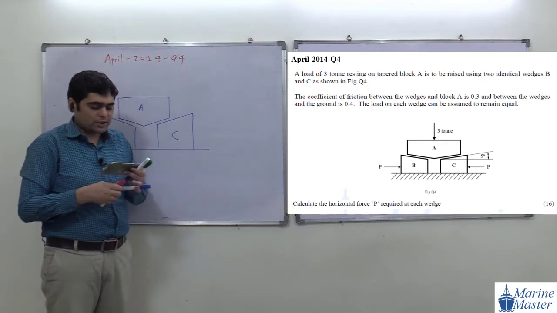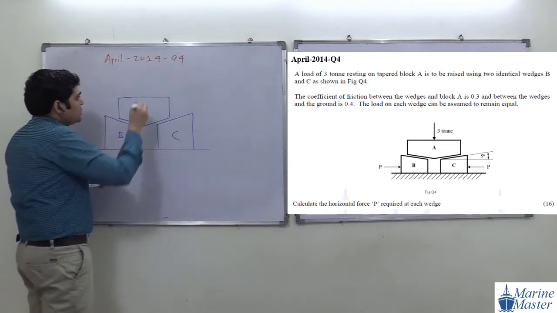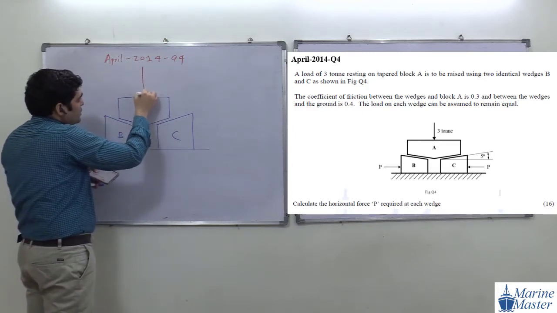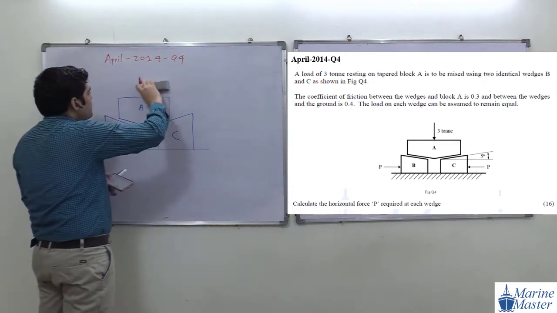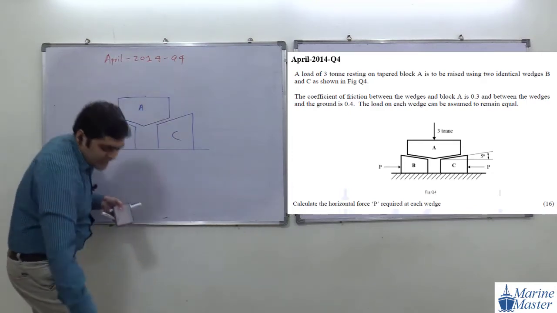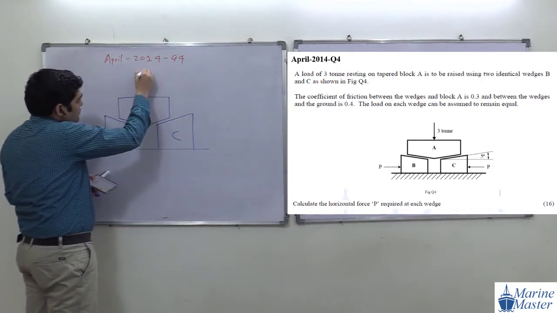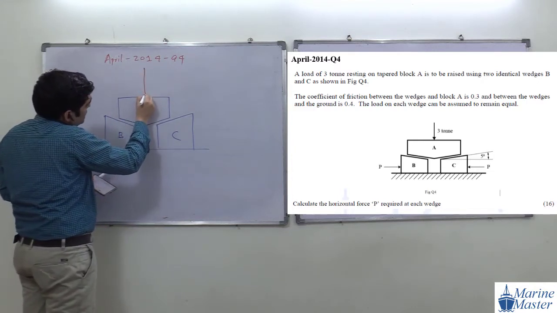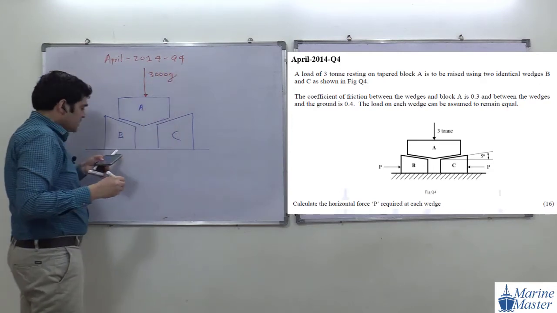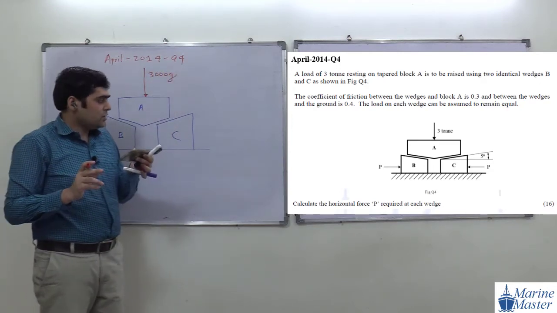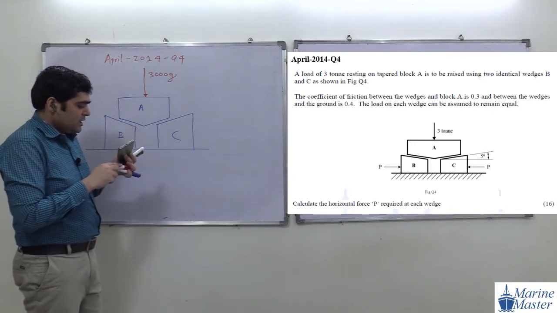Now how much will be the total weight on this tapered block A? Weight is vertically downward, so the total load is 3000 g, since it is 3 ton. Now see the scenario here.